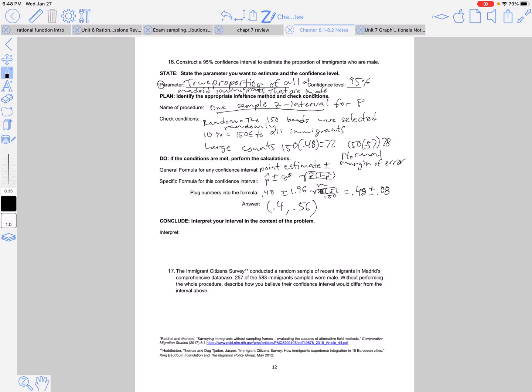So we stated what we're going to do, our purpose, our goal, and then we made a plan and made sure that we could actually do it, that everything was going to be okay. We did it. Now we're going to make our conclusion.